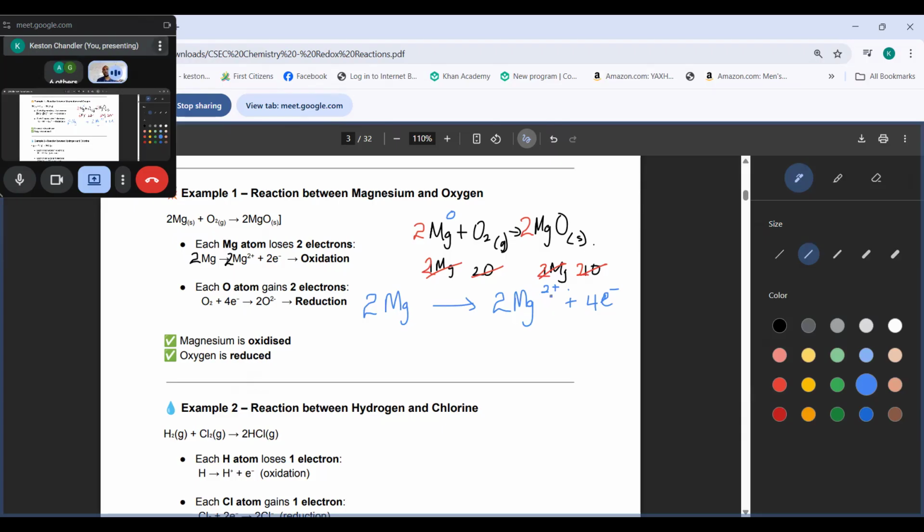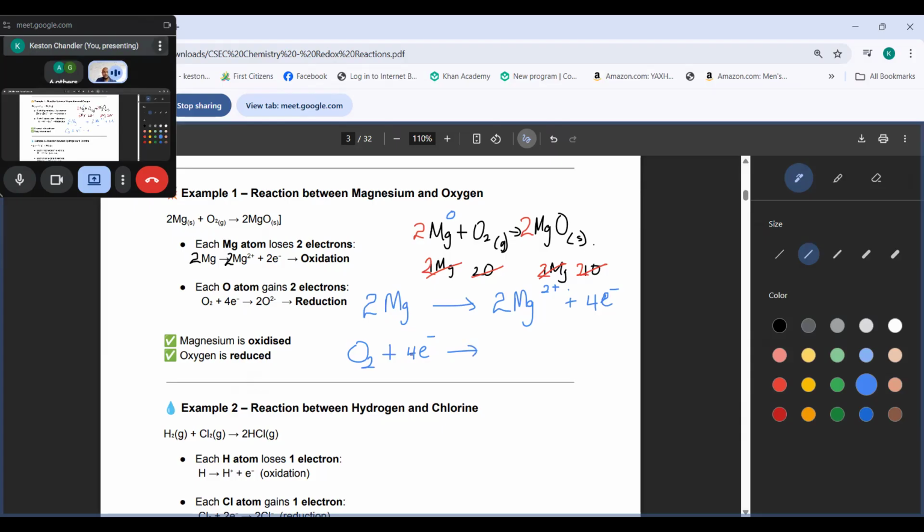Now these electrons are not just floating around in space. They are being accepted by the oxygen. The O2 molecule, which in this state is bonded covalently together, so there's a balance in the number of protons and electrons, is going to accept these 4 electrons.